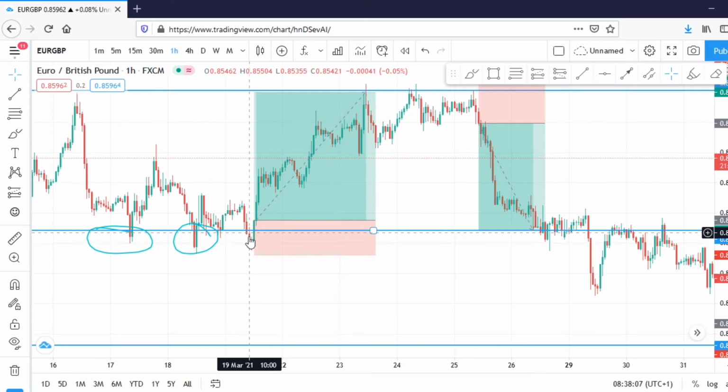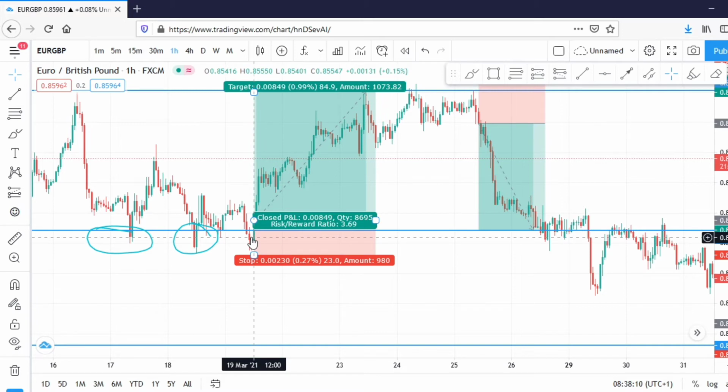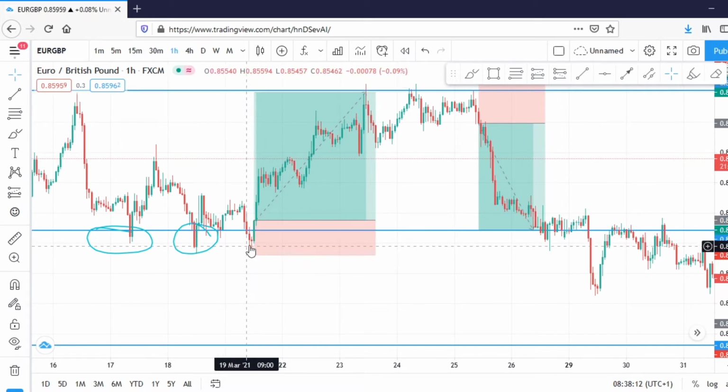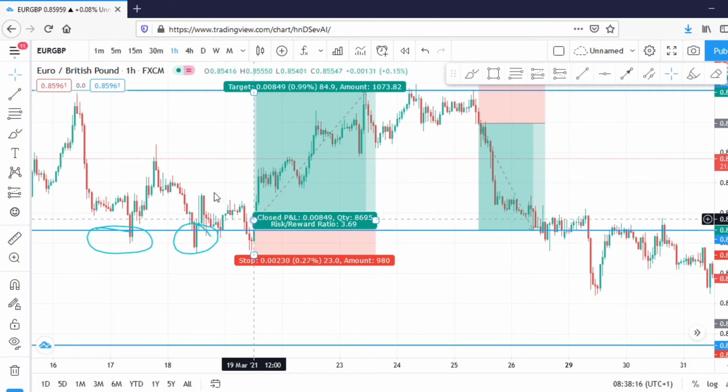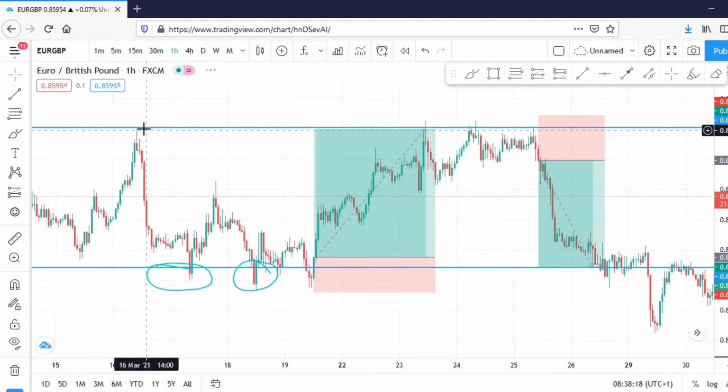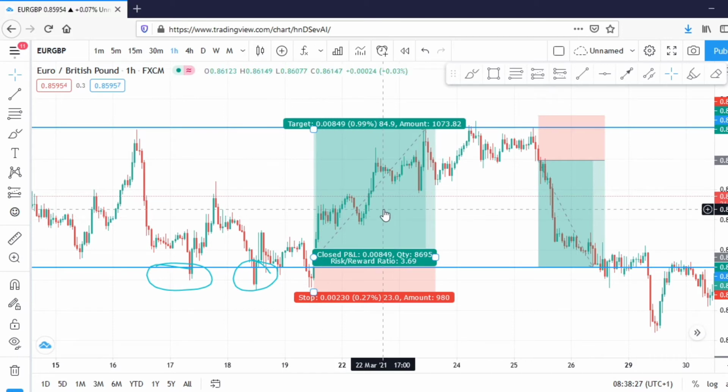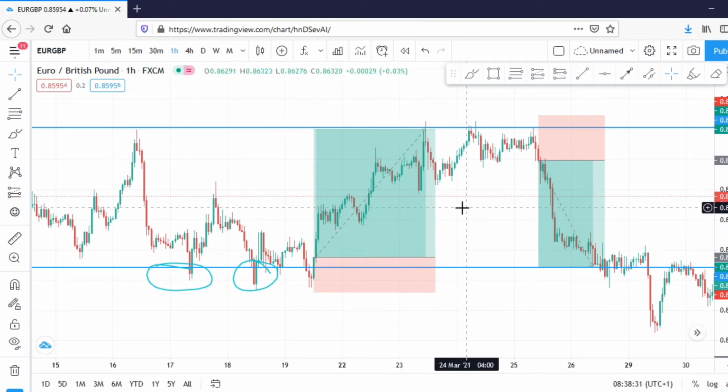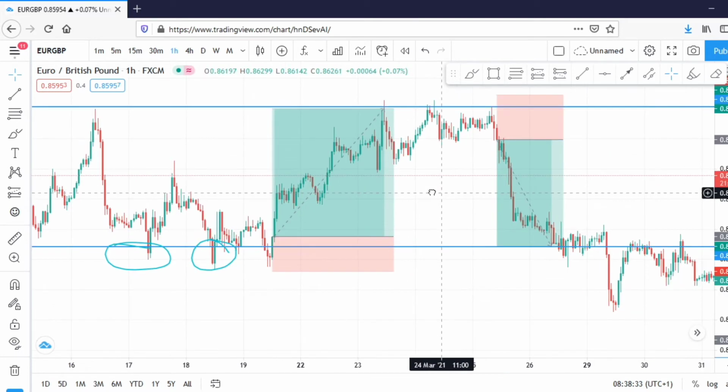So this bullish candle, then the doji, followed by the strong bearish candle, a doji, followed by a strong bullish candle. Then I entered the trade, targeting the previous resistance level, which was this level here. Okay, so that was a very nice trade, risk to reward ratio of 3.69, and a very profitable trade.